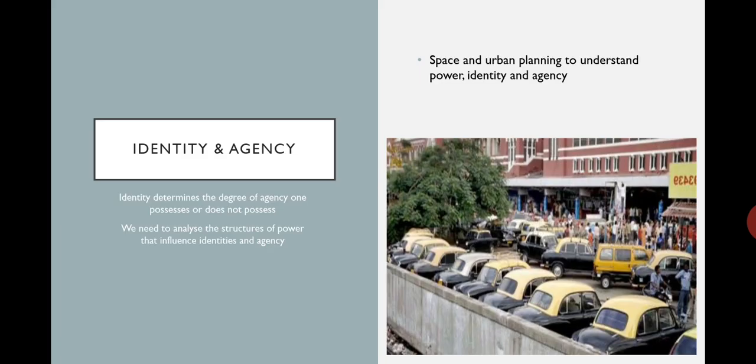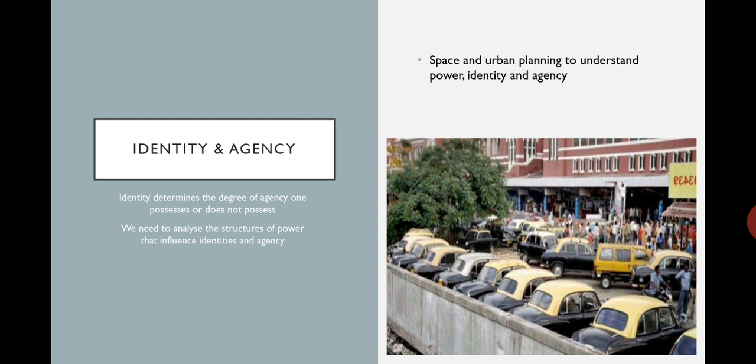An example to make this clearer. Discourses, that is context, determine an individual's identity, agency, and actions. Discourses are structures of power that generate particular meanings or identities.